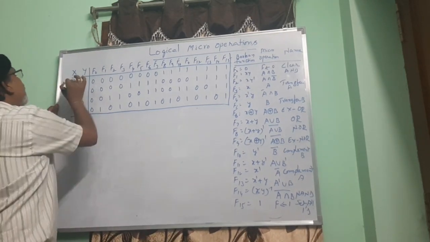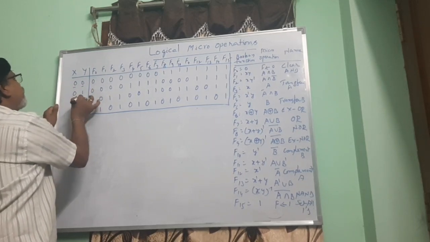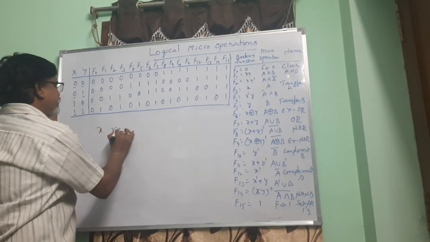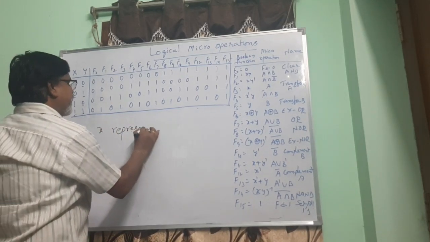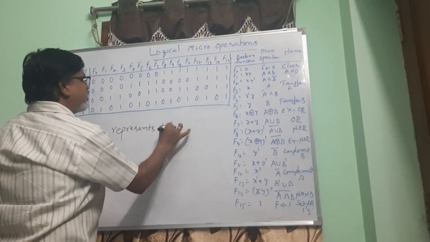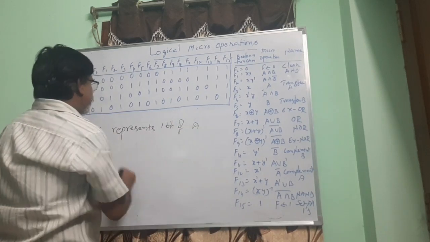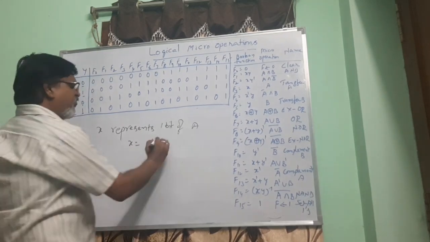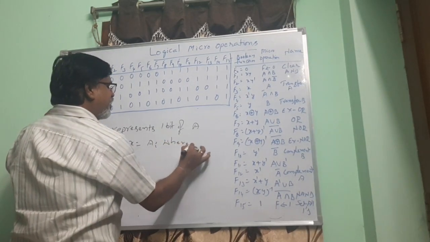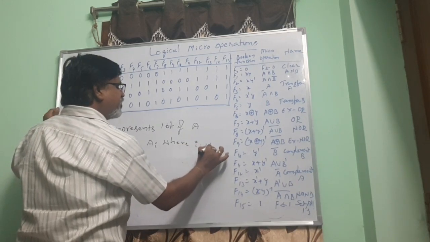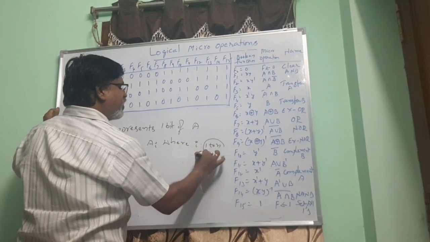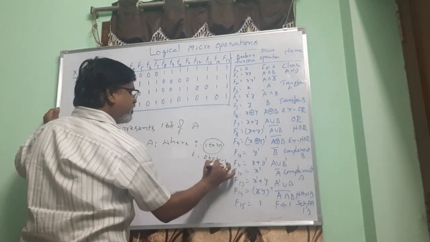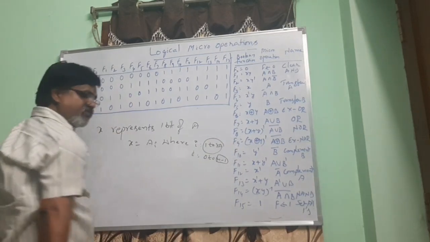So here x is 0, y is 0, x is 0, y is 1, like this. Here x represents 1 bit of A, so x is equal to Ai, where i is 1 to n, or you can say i is 0 to n minus 1, where n is the size of the register.